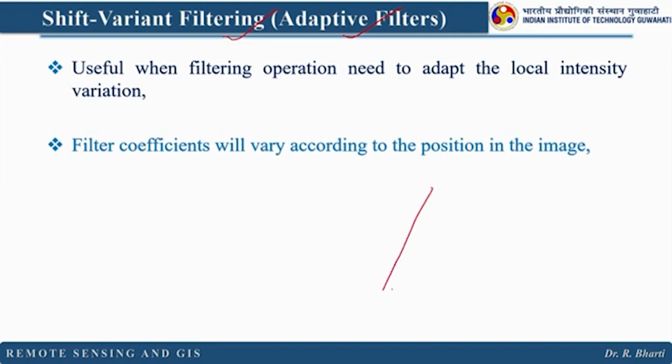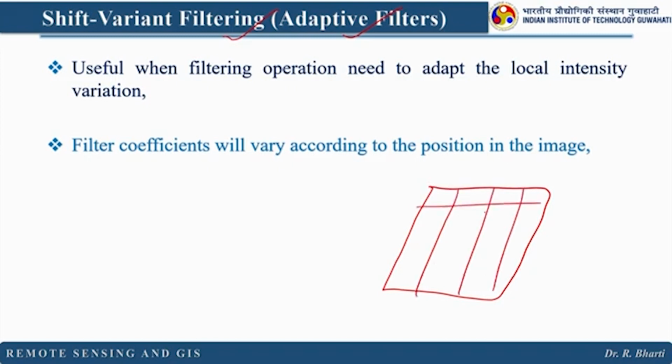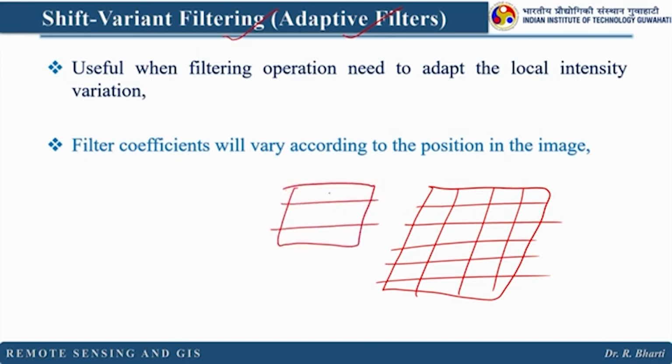So what it says, this is the image, right, and this is my coefficients. Here I am assuming 3 by 3 and this is the image. So what I will do, I will overlap this on this particular image and then calculate the value of this particular pixel.